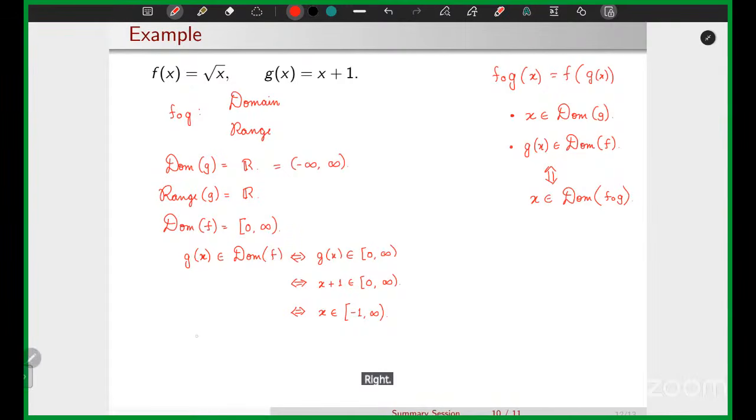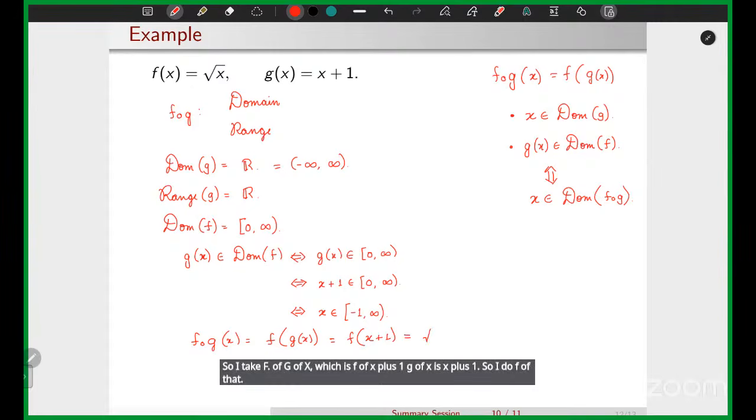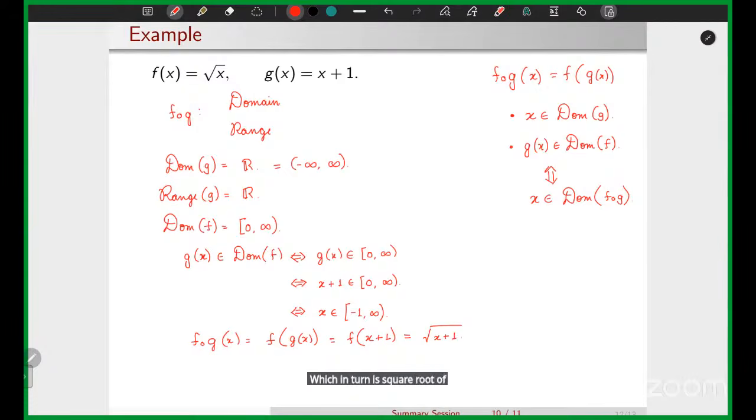Right, so let's verify that as well. What is f of g of x? I take f of g of x, which is f of x plus 1. g of x is x plus 1, so I do f of that, which in turn is square root of x plus 1. And it is easy to verify that the domain of this function is -1 to infinity. So the domain of f of g is -1 to infinity.